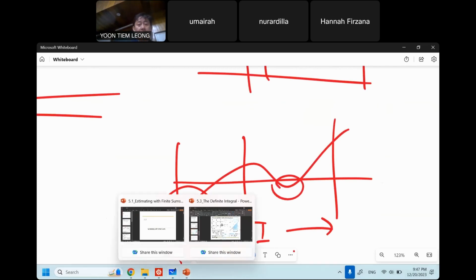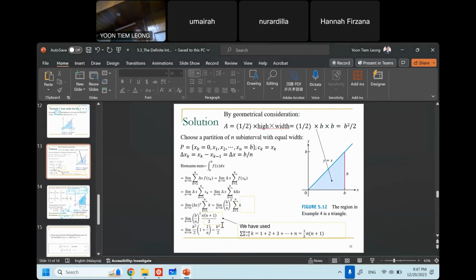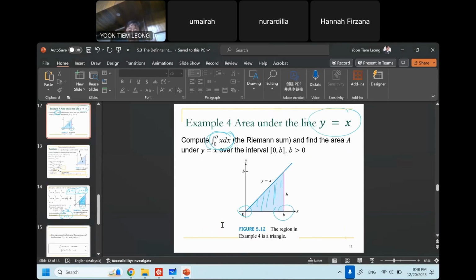Therefore, this method of using the area to represent the Riemann sum of a function only applies to very simple geometry, very simple functions.